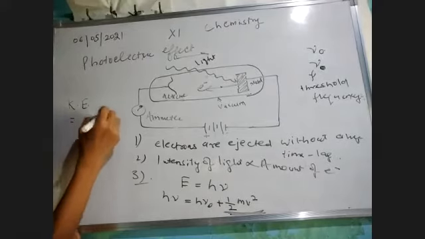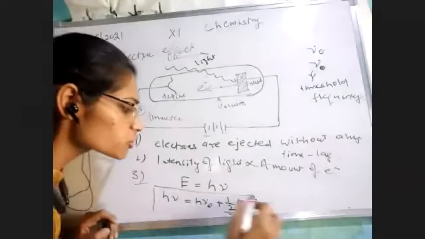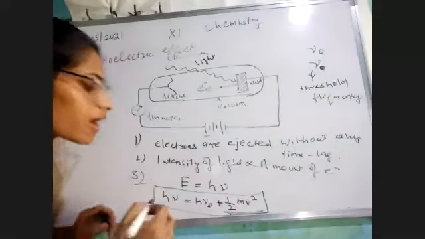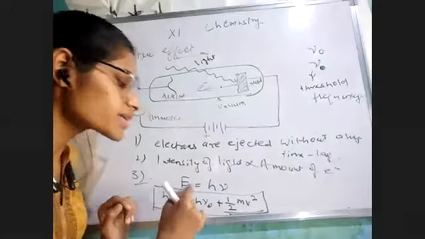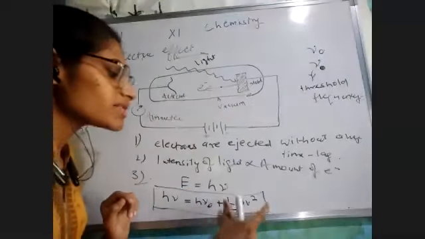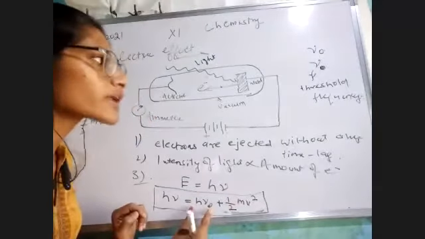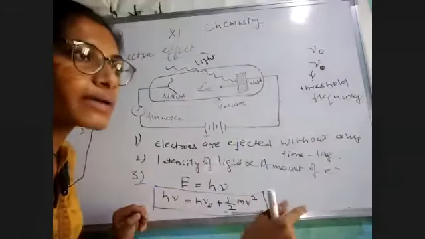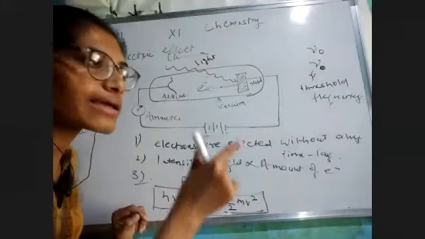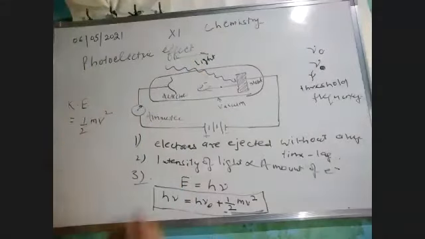Kinetic energy equals half mv square. So he told us h nu equals h nu naught plus half mv square. That is, the energy equals the kinetic energy of the electron plus the threshold energy, because that is the minimum requirement to eject an electron. These all three concepts were cleared by the photoelectric effect.